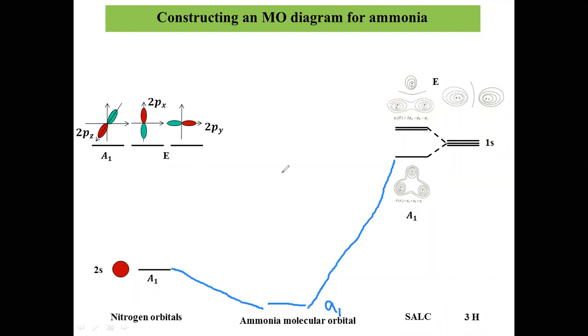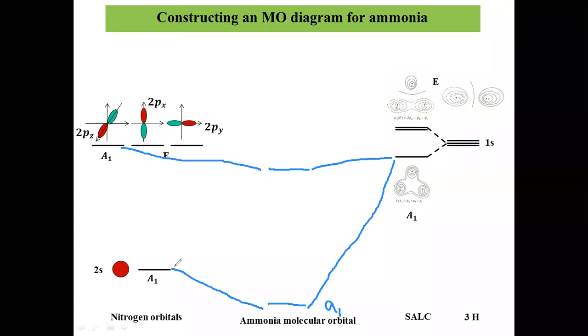The second one is going to be somewhere here. Now this combination is going to be mostly from this 2pz and this one and 2pz. This will not have that much contribution, but if you wish, you can of course connect this.